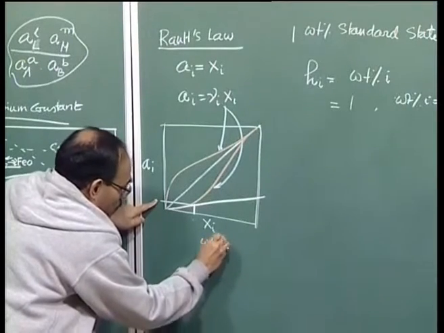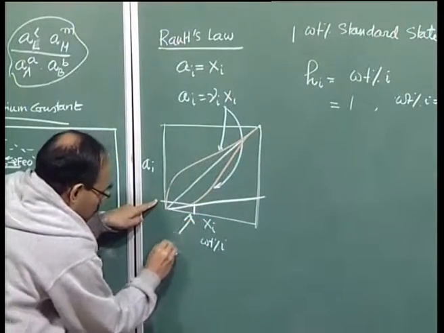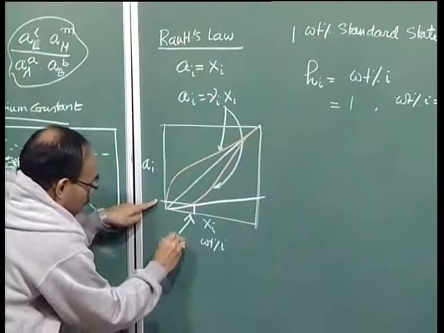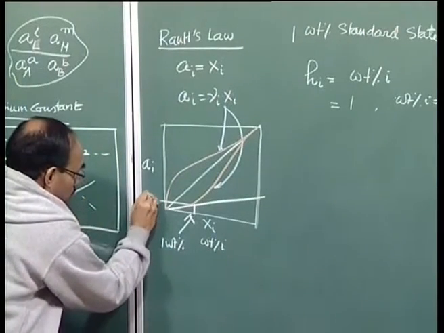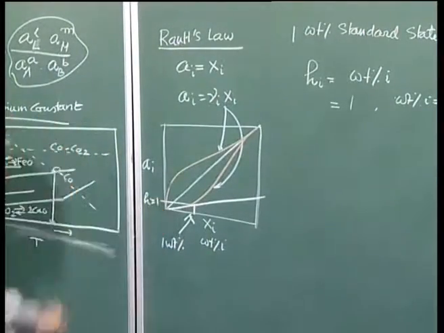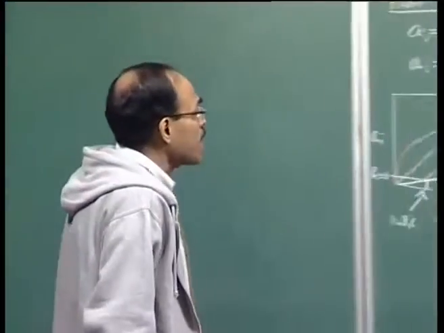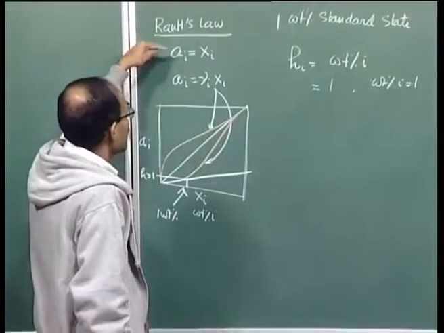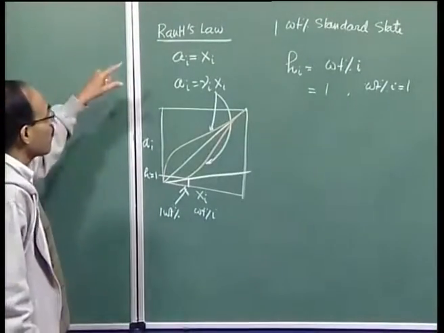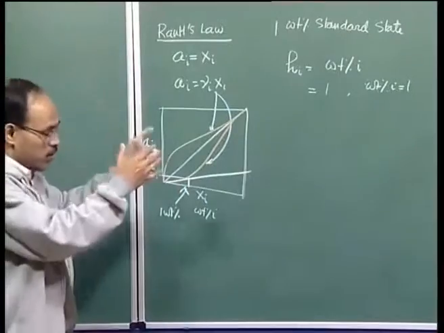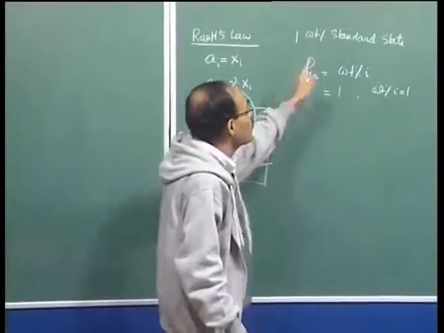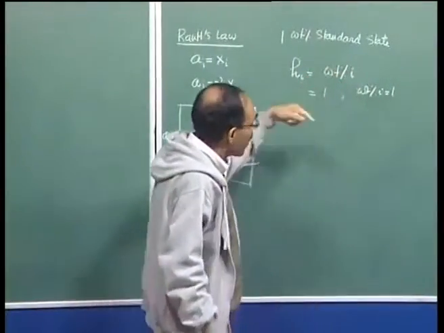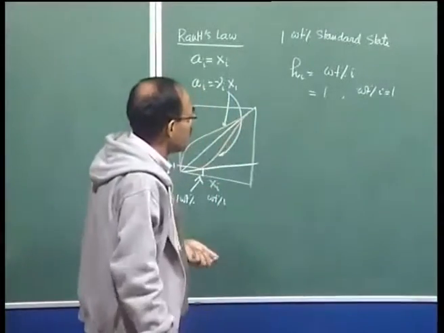So, this point is actually 1 weight percentage and this is actually activity equal to 1. At the pure state we have reference with pure elements or pure compounds, we can have one standard state defined, and with respect to 1 weight percent standard state we can have again the same kind of evaluation.